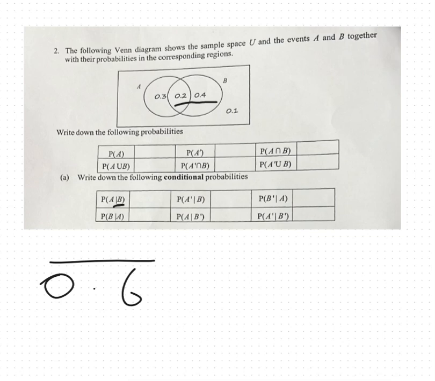The numerator would be the elements of A inside B, which is 0.2. So this would become 0.2 over 0.6. For simplicity reasons, I am leaving it as it is, but you should simplify your answers in your exams.